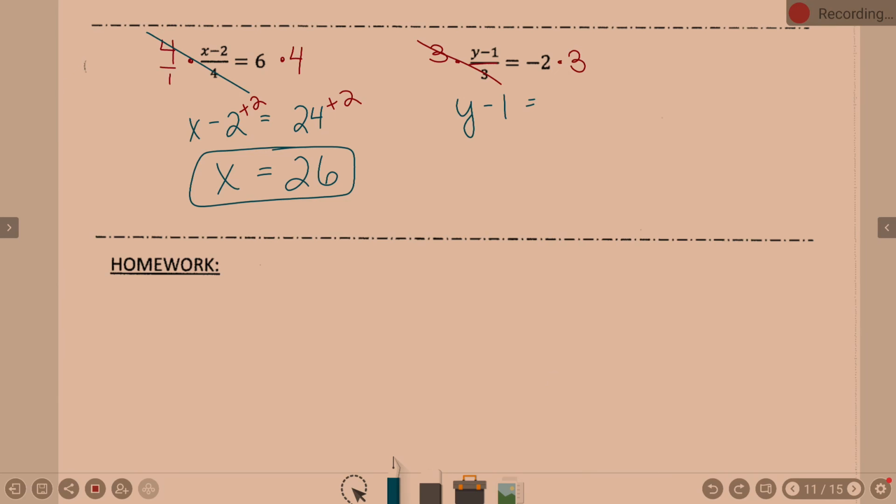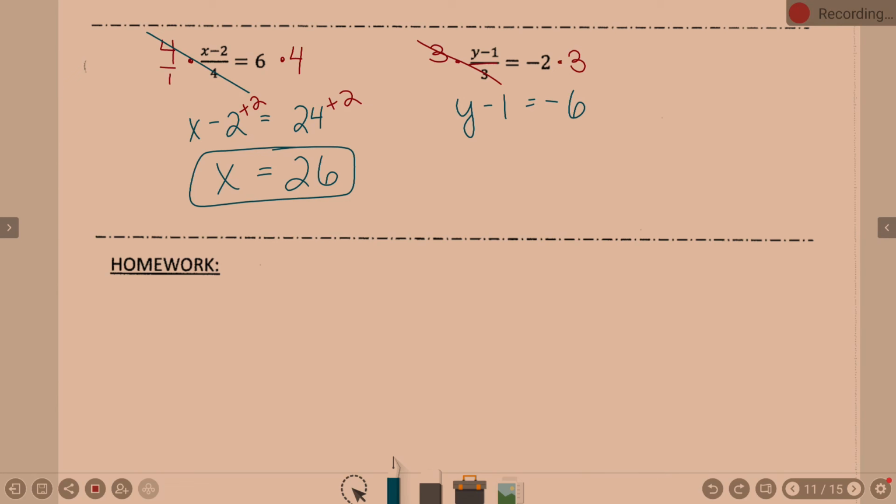And then you take negative 2 times 3. 2 times 3 is 6. A negative times a positive is a negative 6. Am I done? No, y is not by itself. So you have to add.